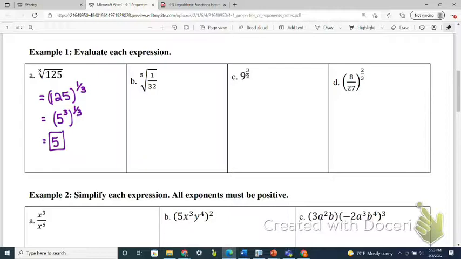I'm going to do the same process with b. First thing I'm going to do, I'm going to move it to the power. So 1 over 32 raised to the 1/5. Next, I'm going to realize 32, I can rewrite that as 2 to the 5th.